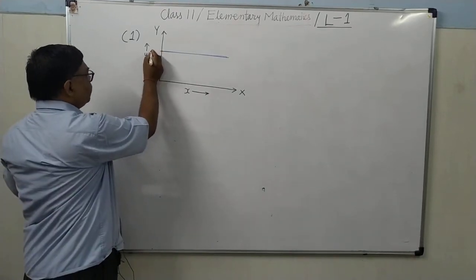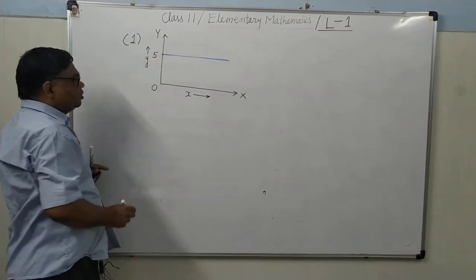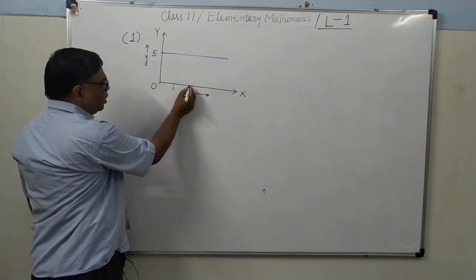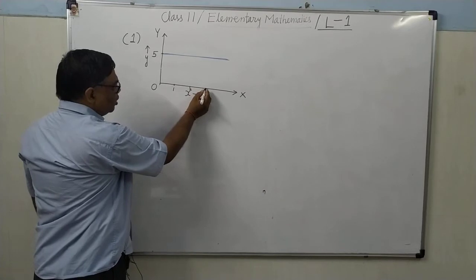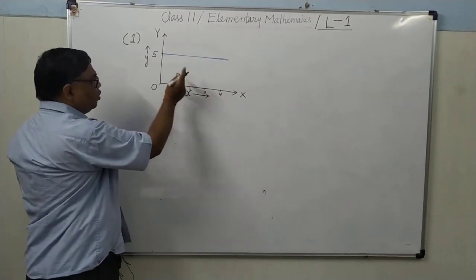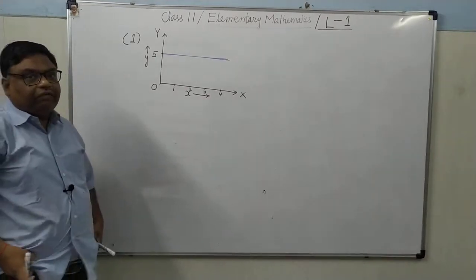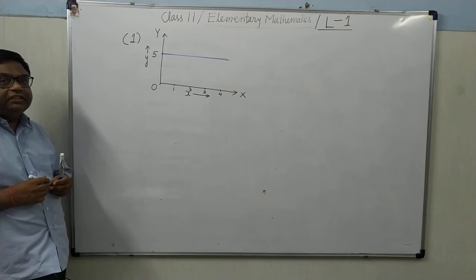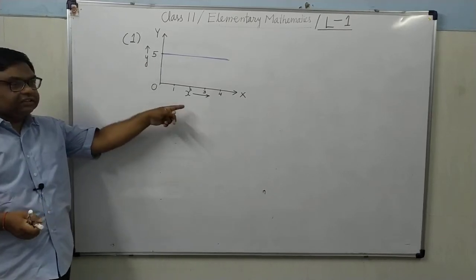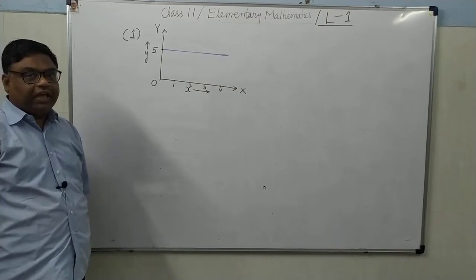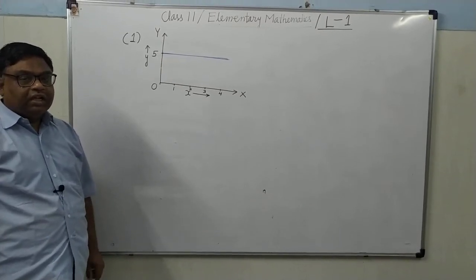Suppose here you have taken 5. So whether x is 0 or it has value 1 or 2 or x is 3 or 4 or any other value, y is always 5. Y is always 5. So is there any change in y with x? There is no change.